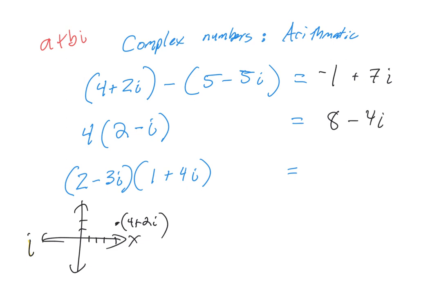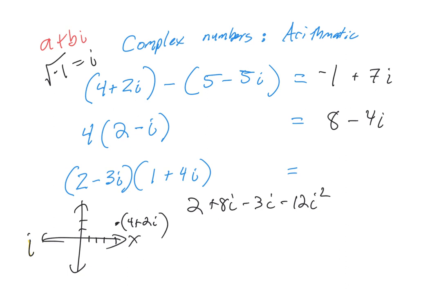But then when we get to multiplying binomials, you're going to have to FOIL this out because fun stuff happens when we do that. So when I FOIL it, I go first, outsides 8i, insides negative 3i, lasts negative 12i squared. Remember, the square root of negative 1 is i.